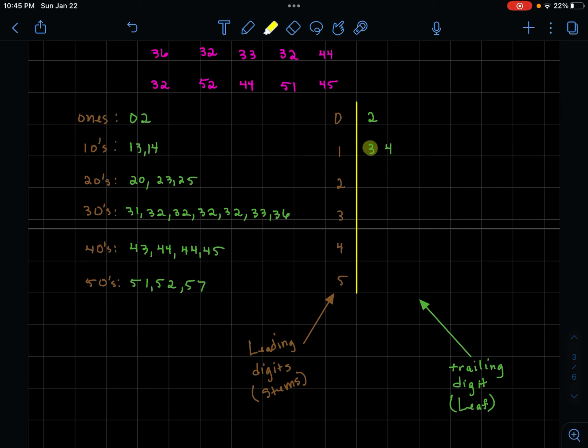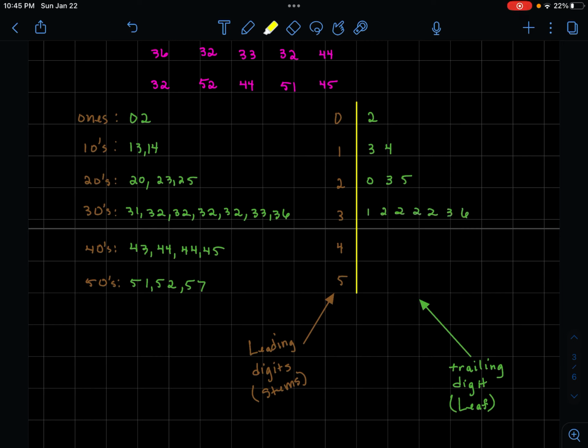For the 13 and the 14, we put a 3 and a 4. What this means is that we have 13 as one of our 10s, and we also have 14 as one of our 10s. The same thing for the 20s. We had a 20, so we put a 0. We had 23, so we put a 3 for the leaf. And we also had 25, so a 5 goes after.